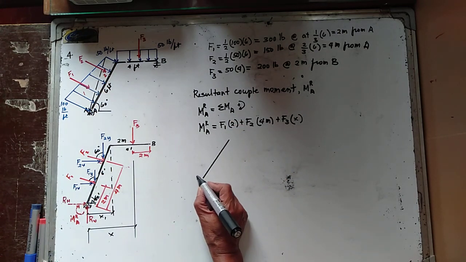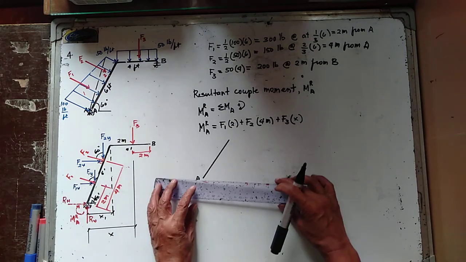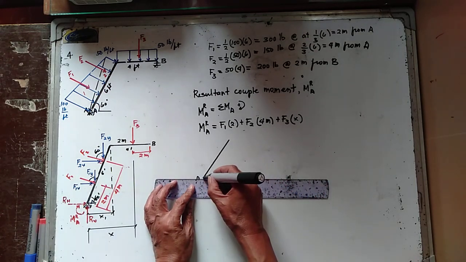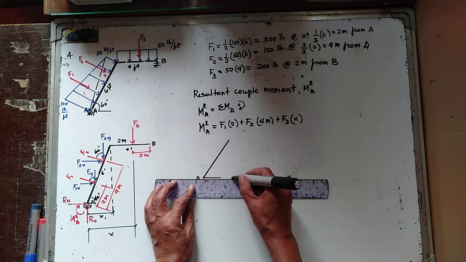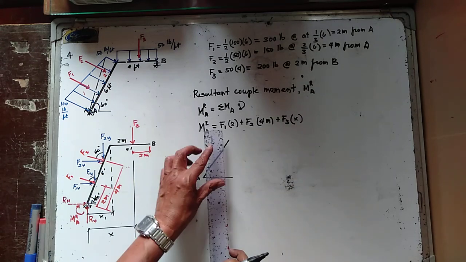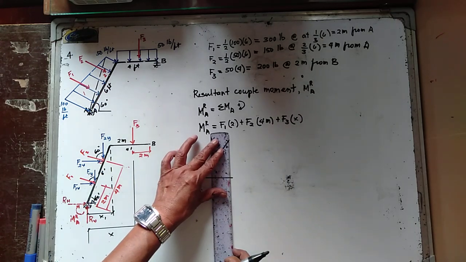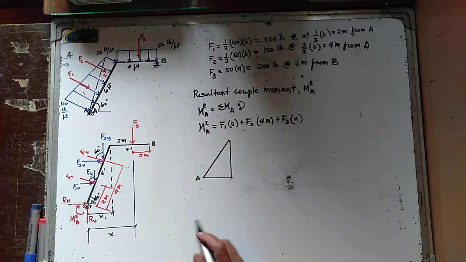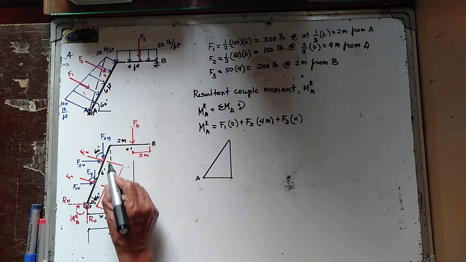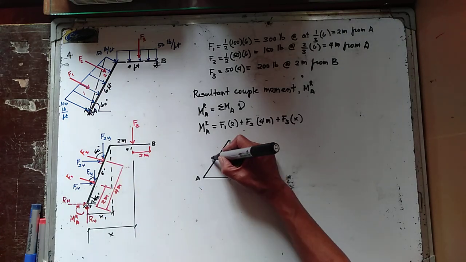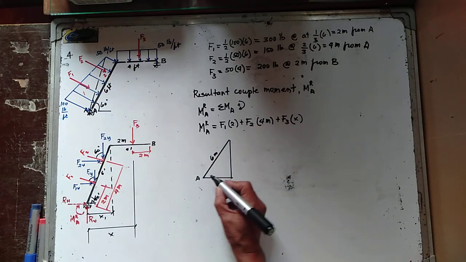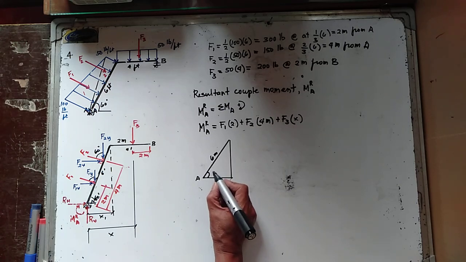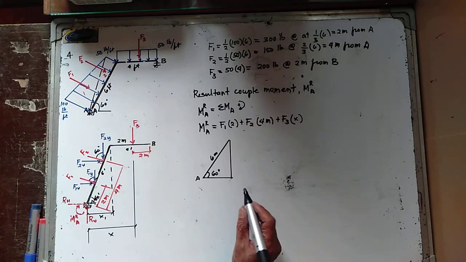This is your point A. So this triangle in here: this is your 6 feet, and this one in here is your 60 degrees.